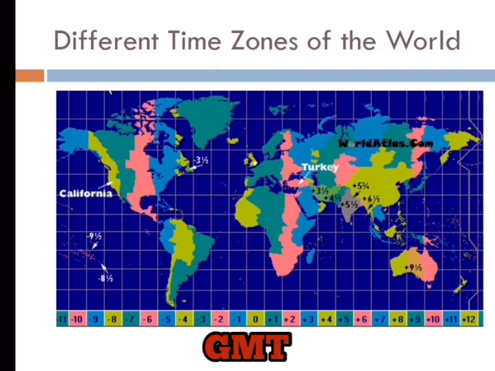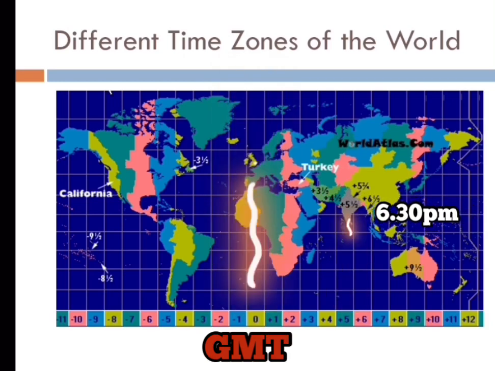If we calculate the time from the Greenwich meridian to the standard meridian passing through the center of India, it accounts to be plus 5:30 hours, which means if it is 1 o'clock at the Greenwich meridian, India will be having a time as, think, yes, it will be 6:30.